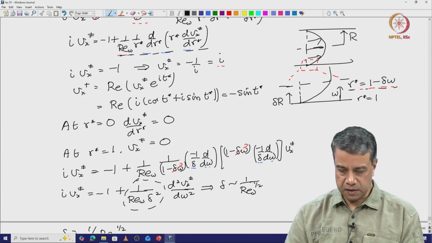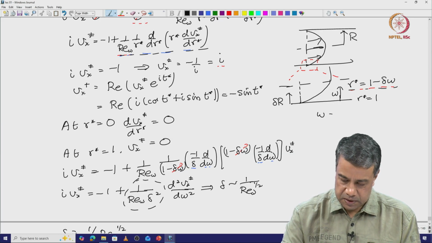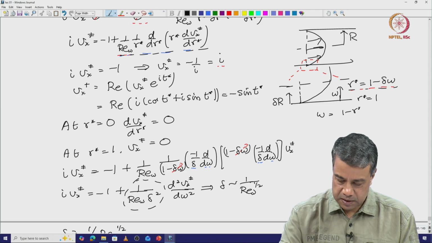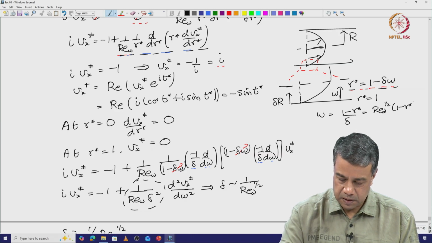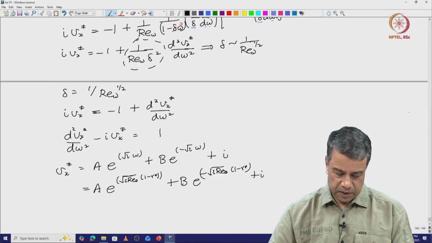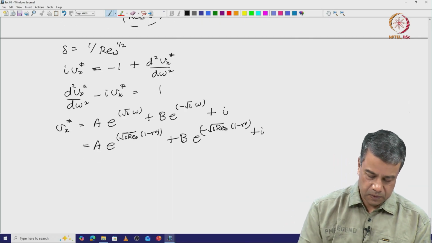So that w is equal to (1 minus r star) by delta, which is equal to Re omega power half into (1 minus r star).